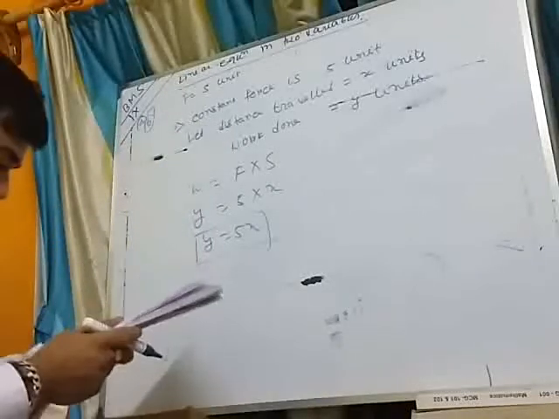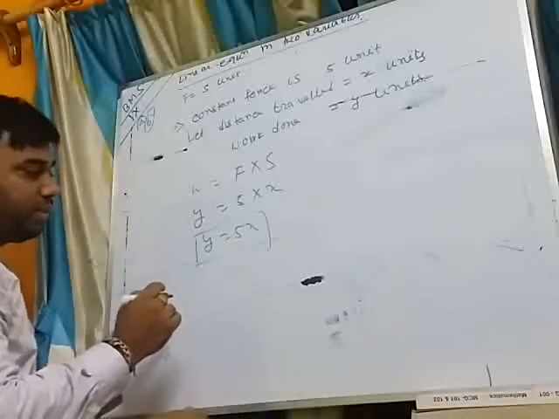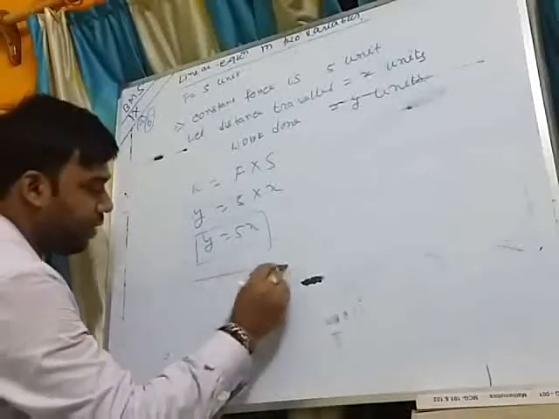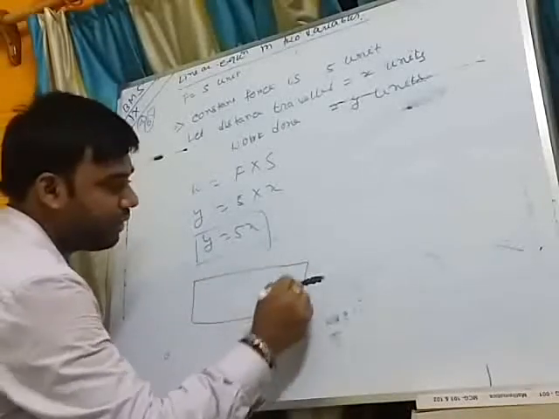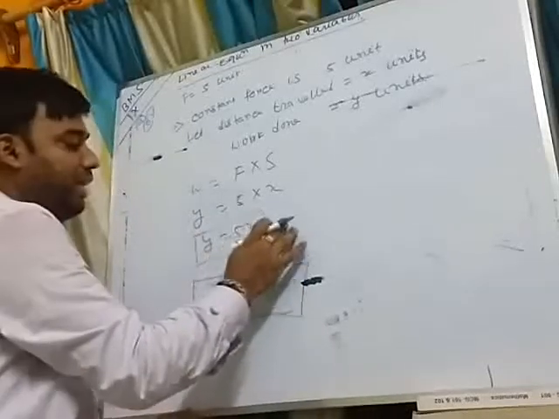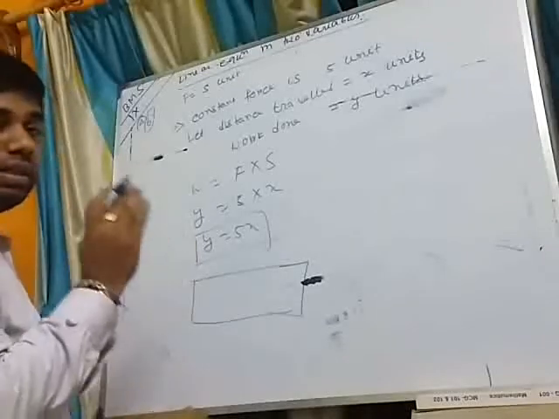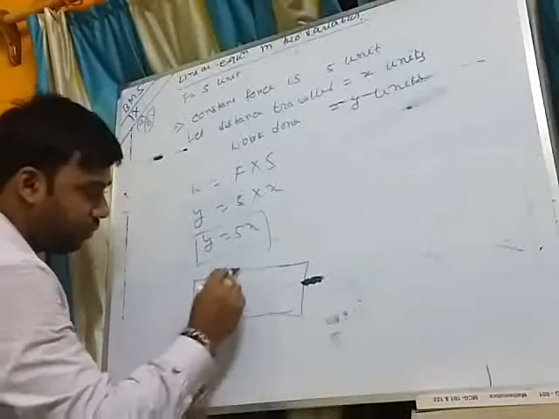Now to draw that graph, first we should make the solution table. Students, in the previous video I said that if in any such equation C is missing, then the line must pass through the origin.